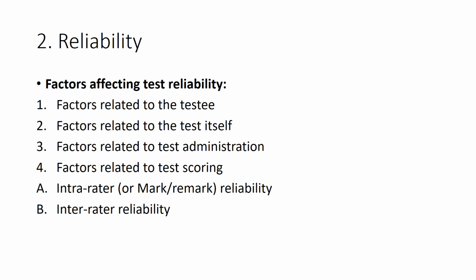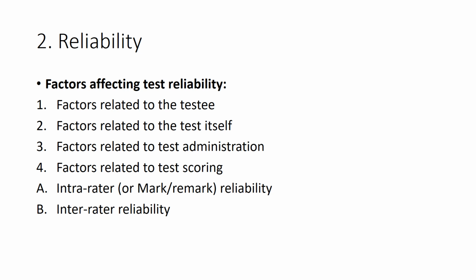So when we are talking about the same scorer, the same teacher who is scoring the test but giving a different score each time, what do we call this? We call it intra-rater reliability.